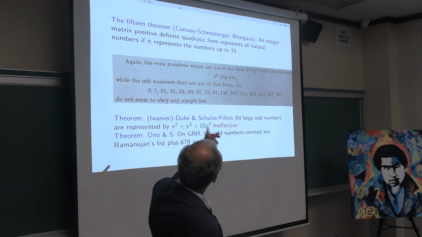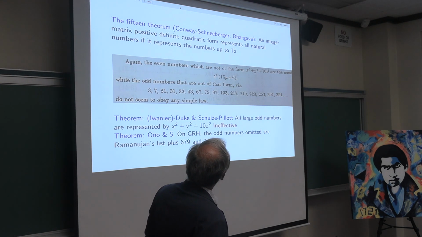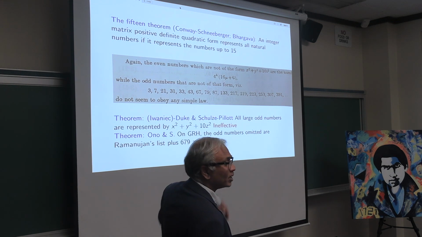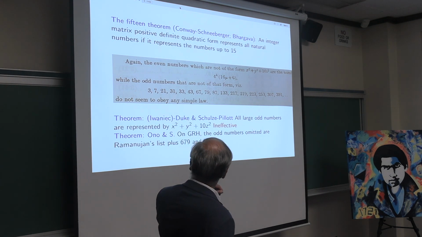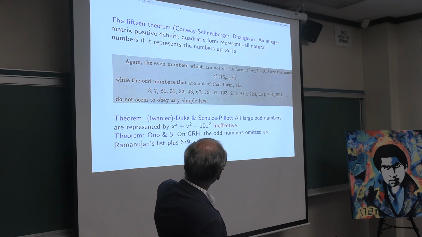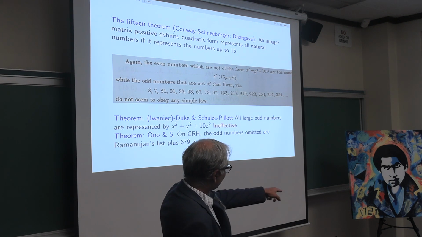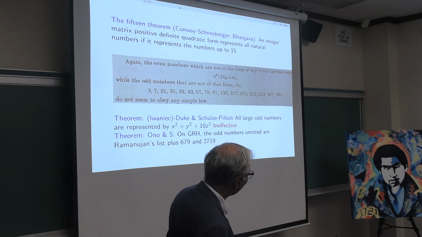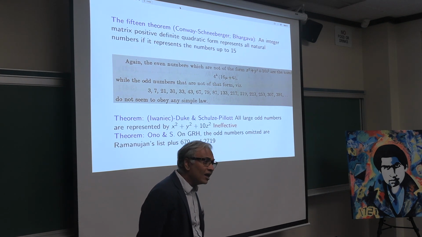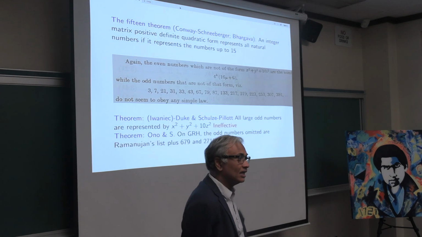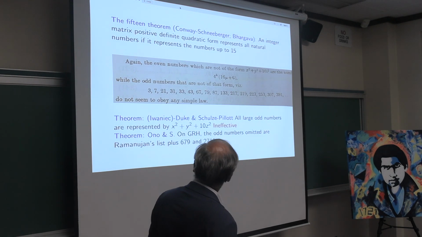So he found a bunch of odd numbers. There's no reason why they can't be expressed by this form, but somehow they are missed. And it turns out that there are 2 other numbers that are missed. The last one, funnily enough, is 2719, which is at least in base 10, a permutation of 1729. And then we think that these are all the numbers that are omitted by this form, and everything else is captured.